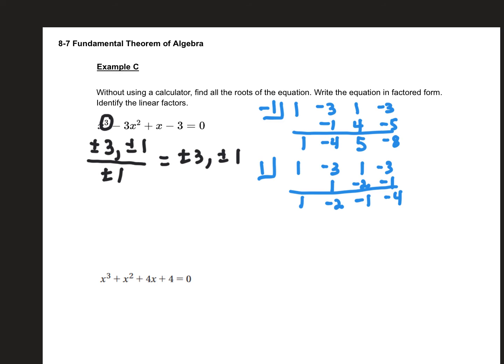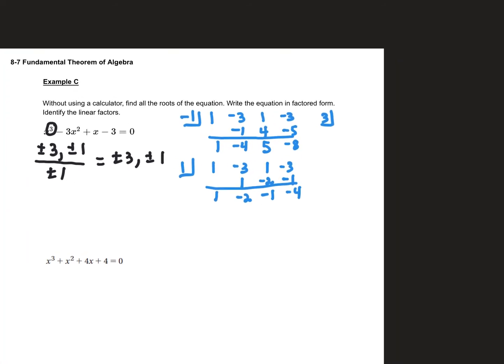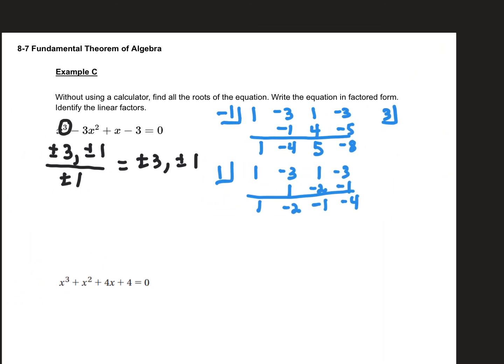So now we're going to try 3. So we have 3, and I'm going to go ahead and move it over a little bit. I'm going to have to try it down here. We have 3, so we have 1, -3, 1, -3.